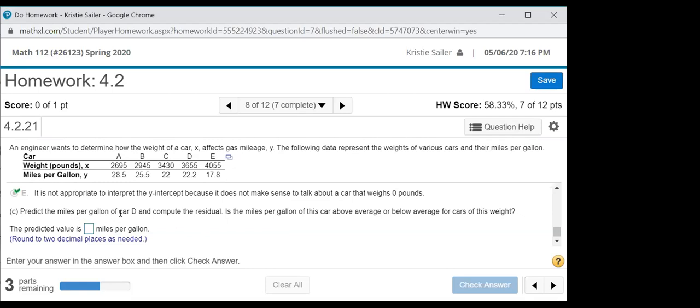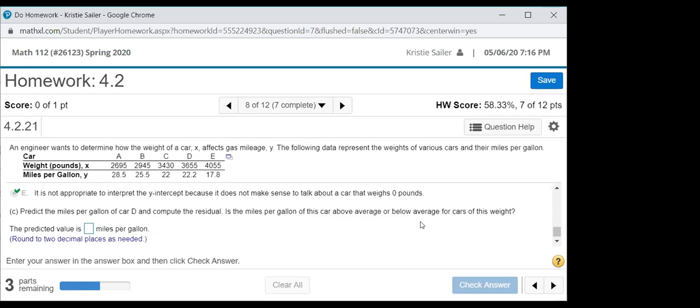Predict the miles per gallon of car D and compute the residual. Okay, so we did this. It was the observed minus predicted, but first you have to predict what D is going to be. So you have to put the x in your regression equation, because this is the observed value, the one you actually have.